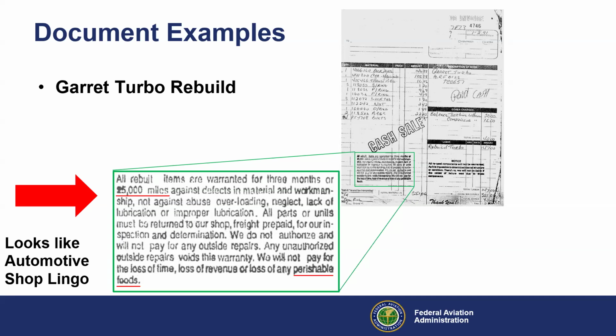And if you read the little, I blew it up so you could see it in that block, they're talking about rebuilt items are warranted for 3 months or 25,000 miles. Sounds like automotive shop lingo, not something related to aviation. So the red flag would immediately go up on this one.